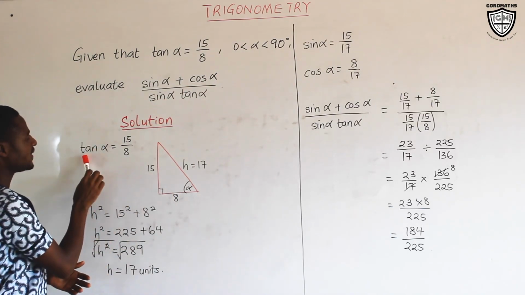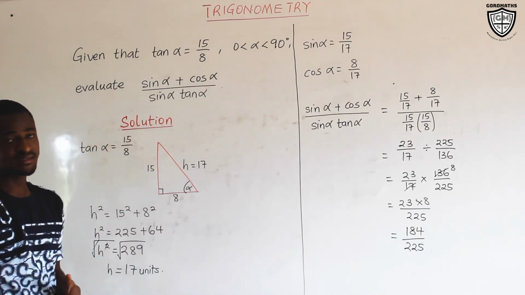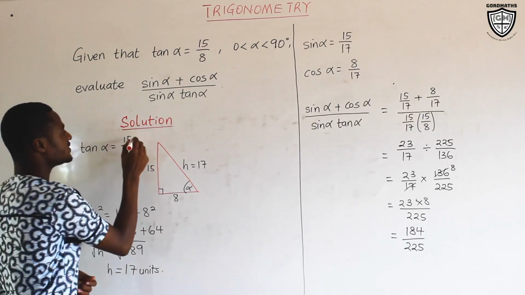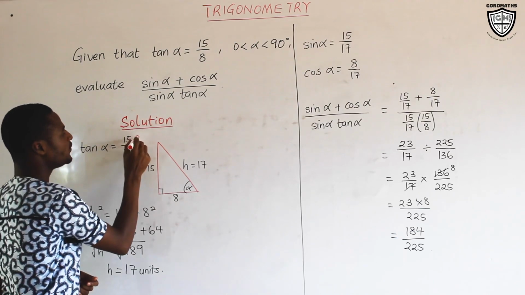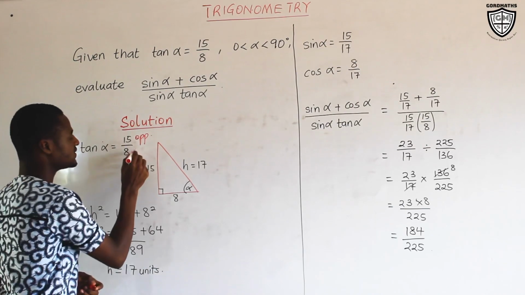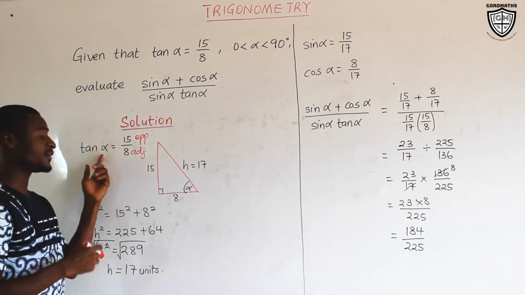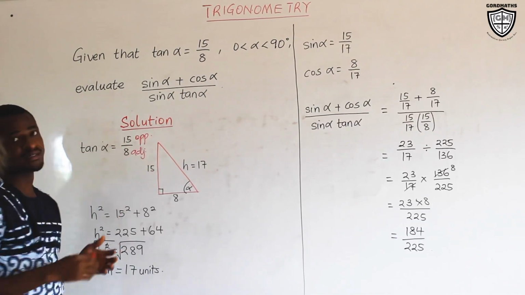So, if we are given that tan alpha is 15 divided by 8, then it means that in a certain right angle triangle, the side of length 15 units is opposite to the angle alpha, and then the side of length 8 units is adjacent to the angle alpha. This is because tan is the ratio of the opposite to the adjacent.